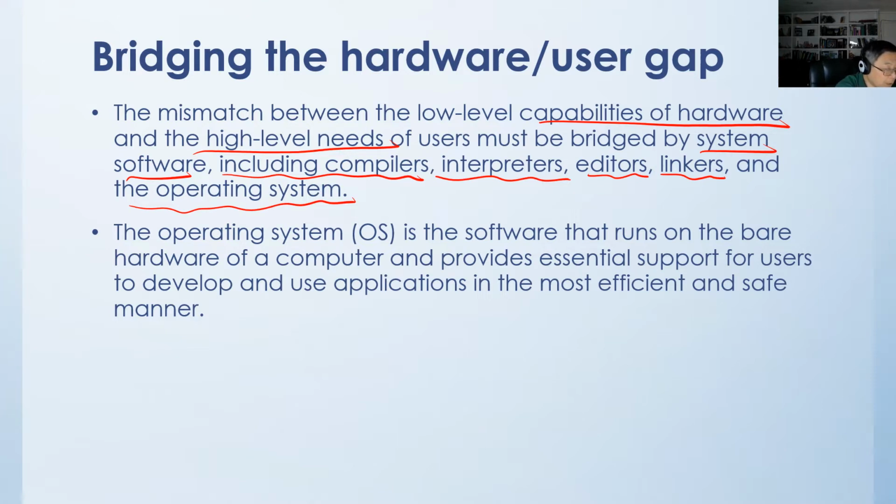Okay, so the operating system is the software that runs on the bare hardware of a computer. It's actually software running on the hardware that provides essential support for users, so the user can focus on their high level operation.